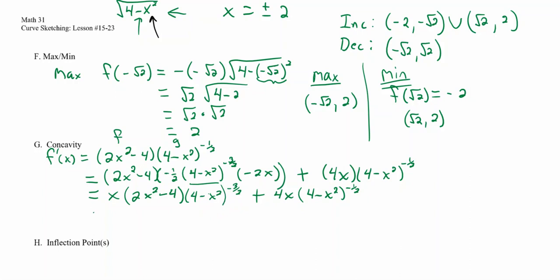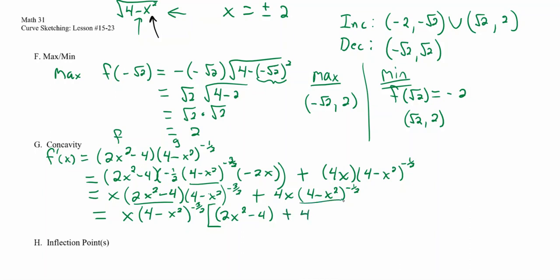So I'm going to factor out an x, and then take out a 4 minus x squared to the power of negative 3 over 2. Then I'll write what I have left. I've still got this in that first term, so we've got 2x squared minus 4, and then on to the next term, I've still got this 4, so it's plus 4.